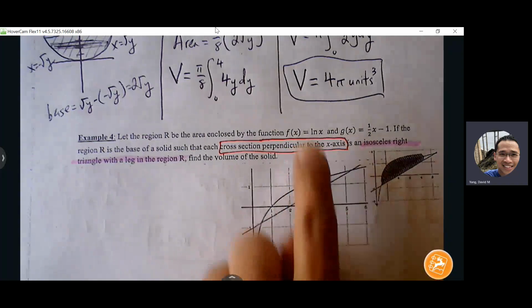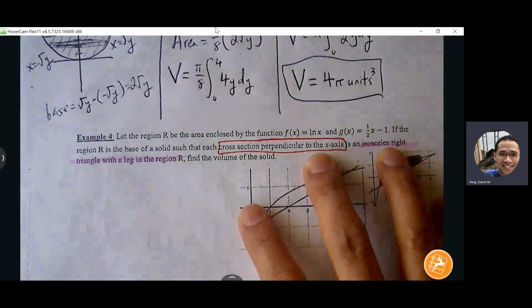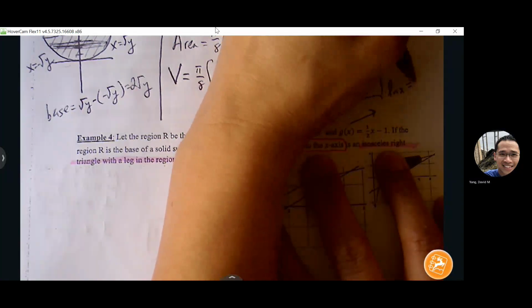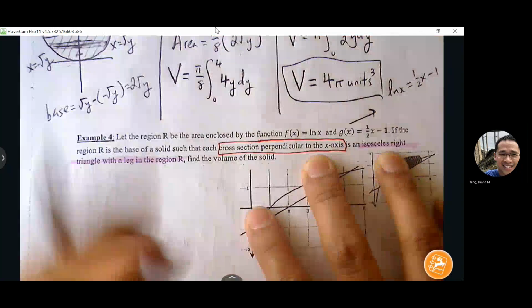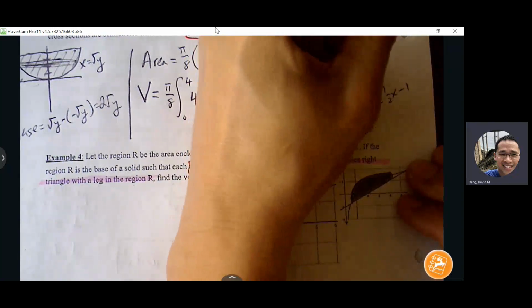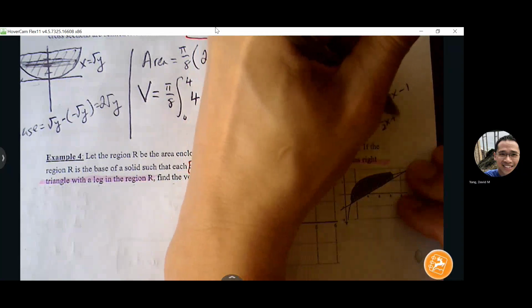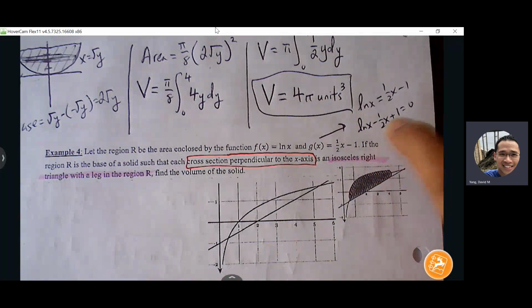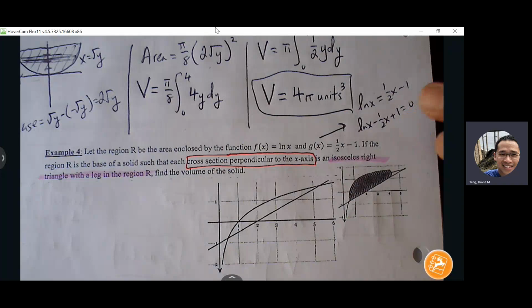Now, if you're using a 36 Pro, what you may have to do is this. After you set them equal to each other, you may need to edit the function and set everything equal to 0, put this into the calculator, and then do a table of values and see when your x value changes from negative to positive or from positive to negative, and those are your bounds.